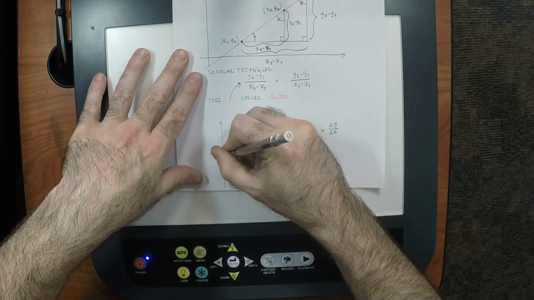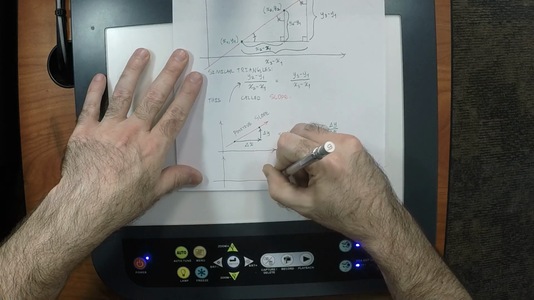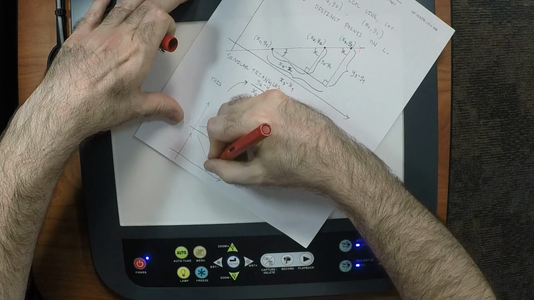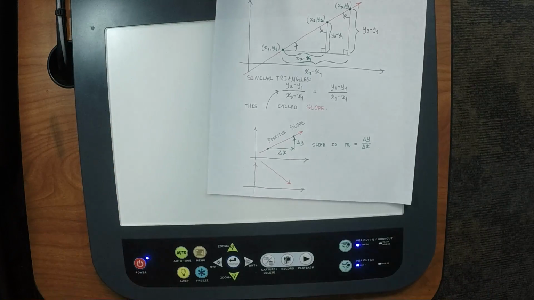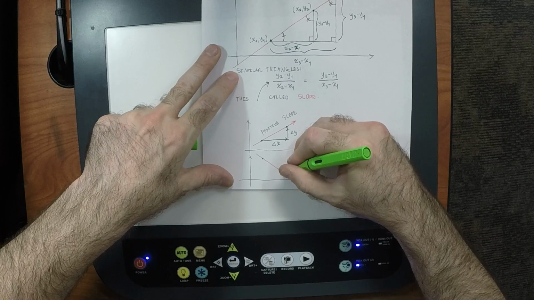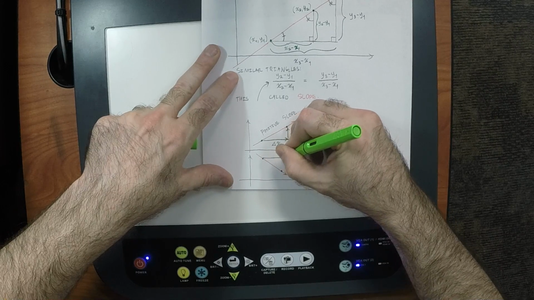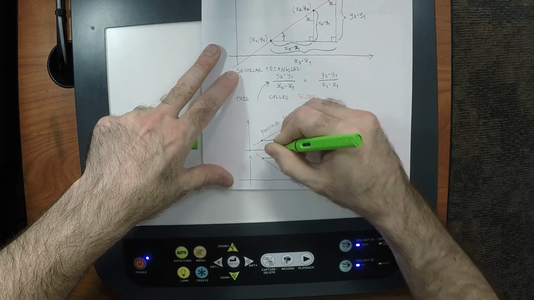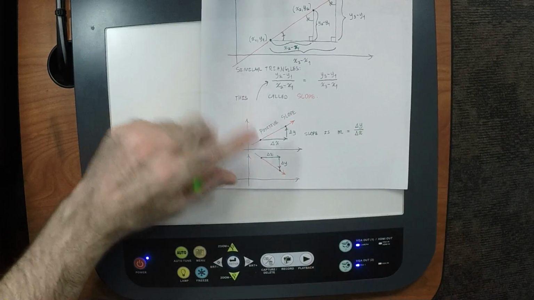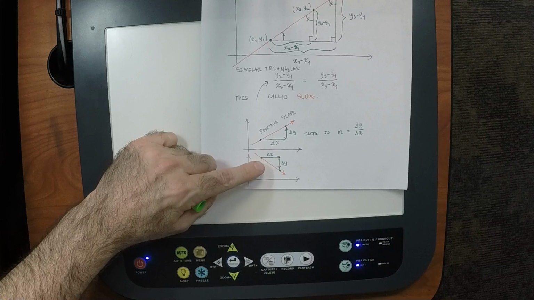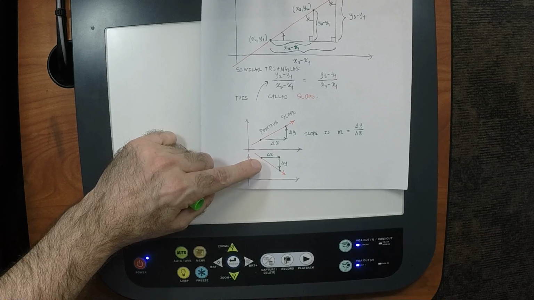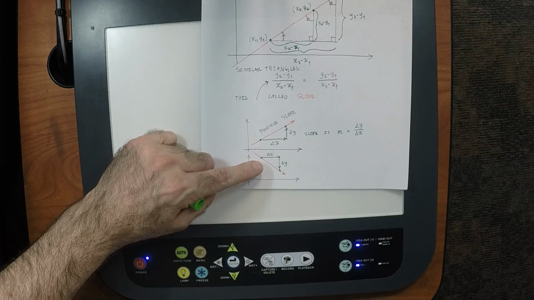So in a picture like this, you select 2 points. In this picture, is delta x negative or positive? It's positive.